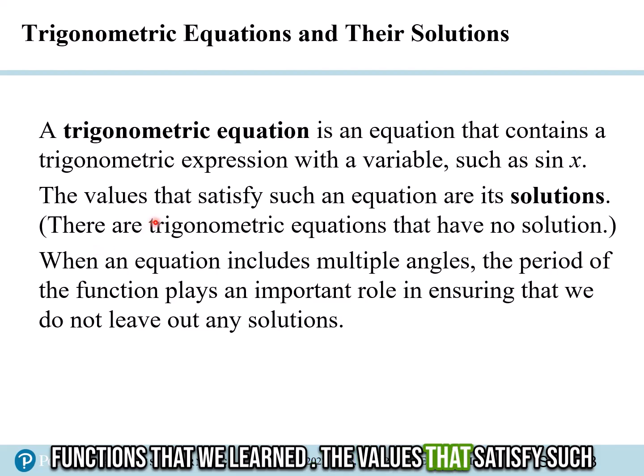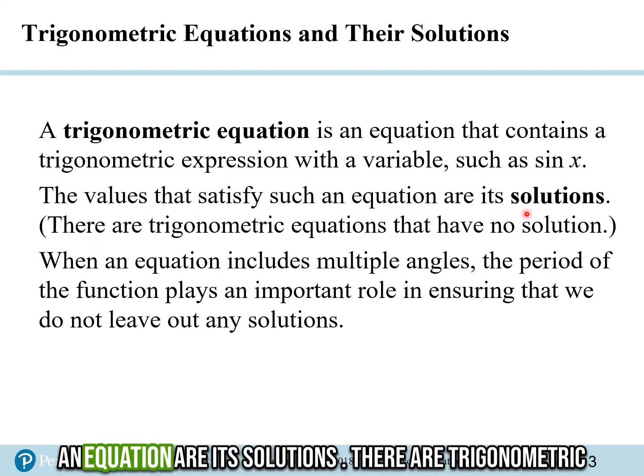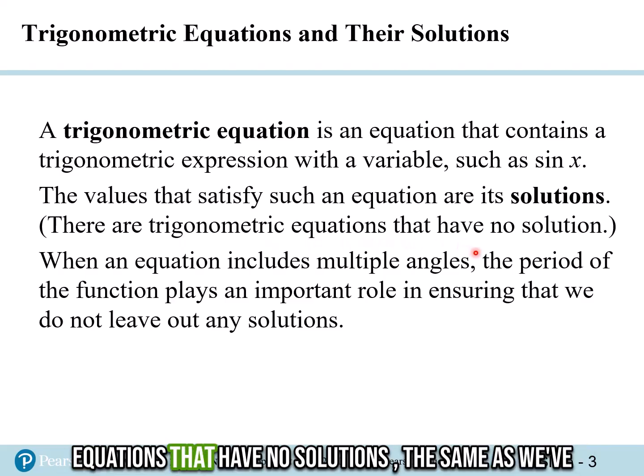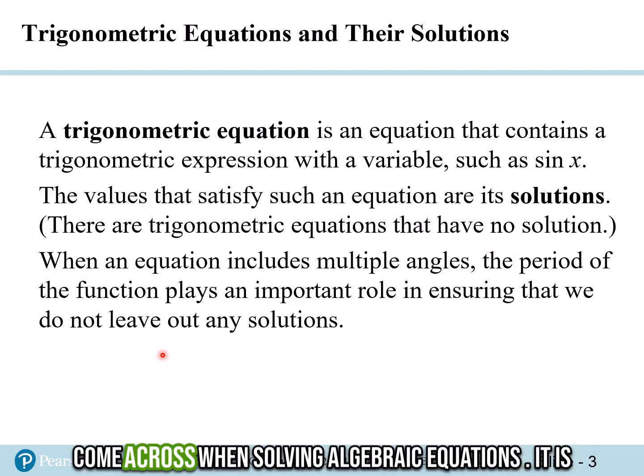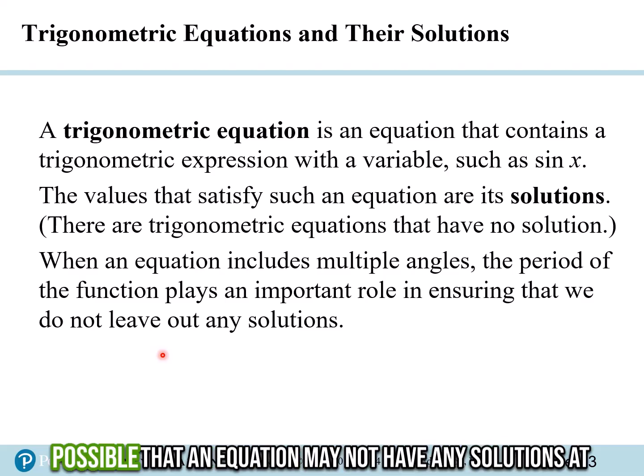The values that satisfy such an equation are its solutions. There are trigonometric equations that have no solutions, the same as we've come across when solving algebraic equations. It is possible that an equation may not have any solutions at all.